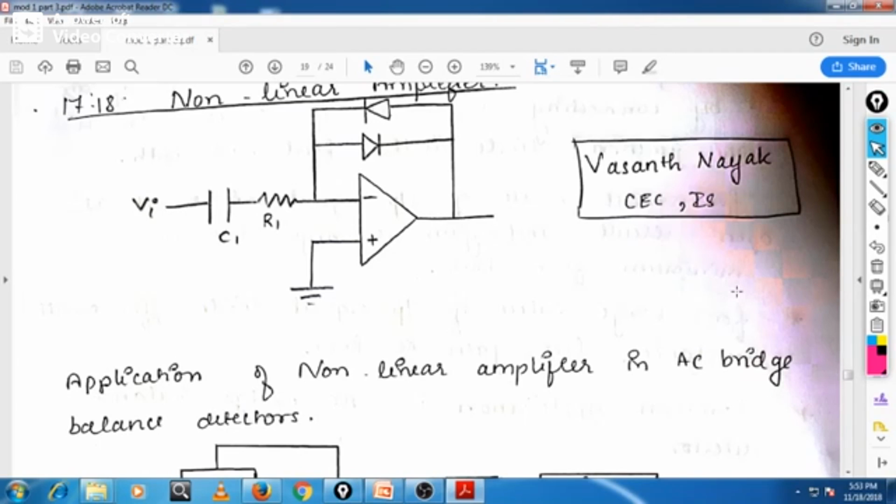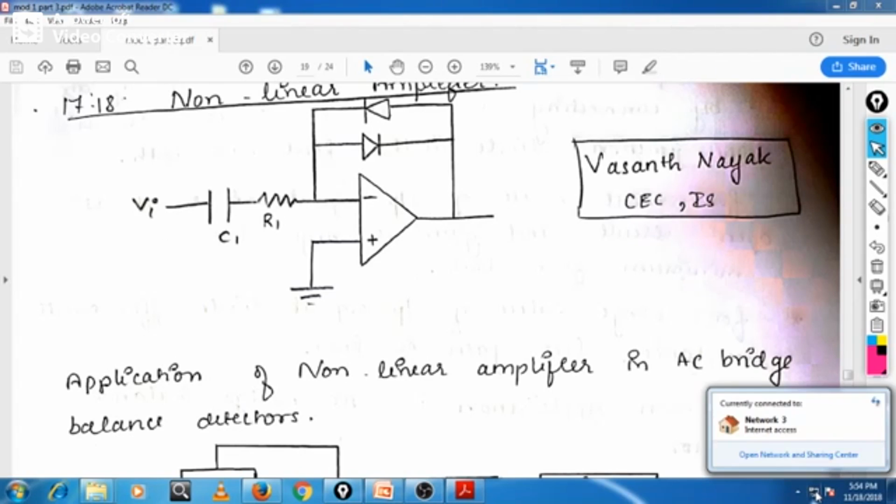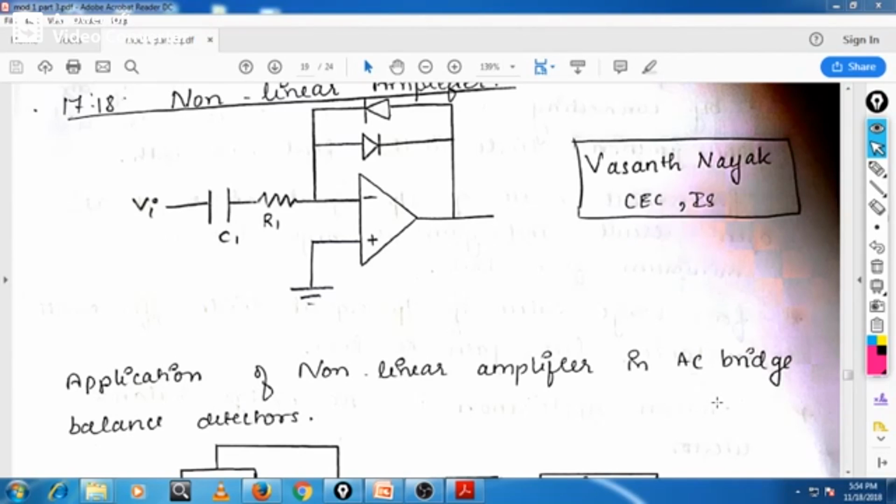But in some applications we need to amplify some frequency components with a different gain factor, and other components with another gain factor. Such an amplifier is called a non-linear amplifier. For example, in a music system we have frequency components, like bass and treble.